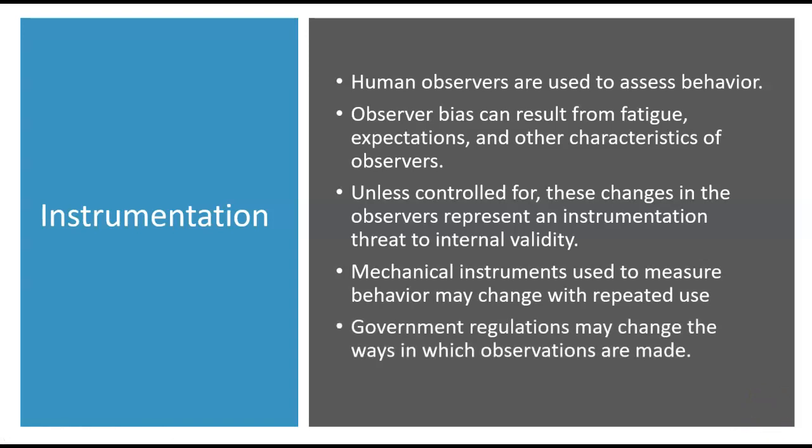You can also consider it an instrumentation issue when regulations or codes for describing certain kinds of behaviors may change. Like what happens if the state creates a new standard measure of reading and it comes with a new test?